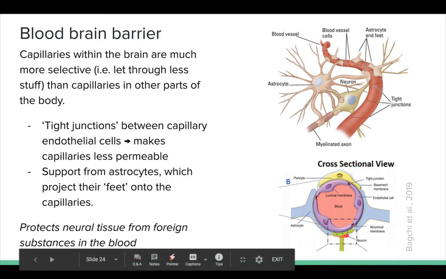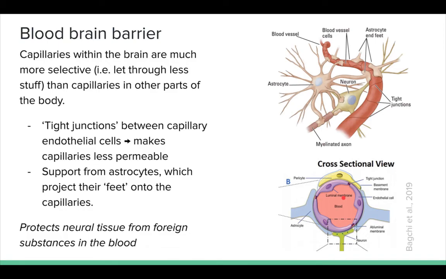So we can see here, if we take a cross-section through a capillary, there's blood on the inside. These are the endothelial cells that are sealed up with these tight junctions, so that substances in the blood, if they want to get out, have to diffuse through the endothelial cell. And when they do that, they can be taken up by the astrocytes, by neurons, or by these helper cells called pericytes.